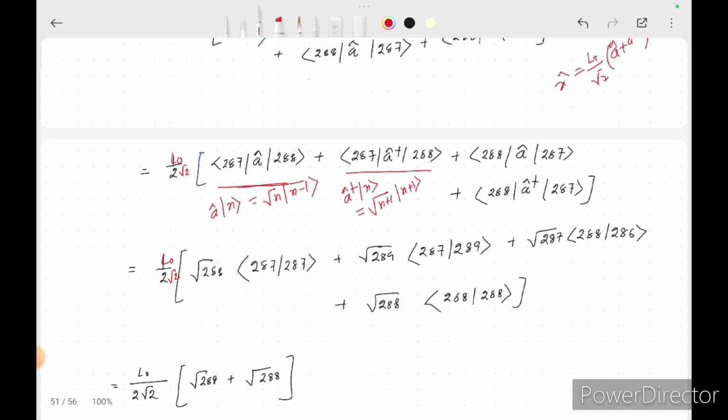For all the other expectation values we use these lowering and raising operator formulas, right?